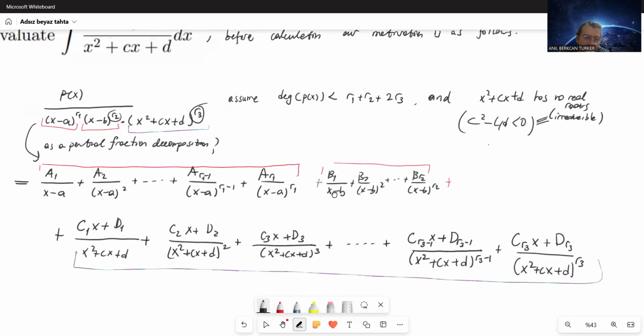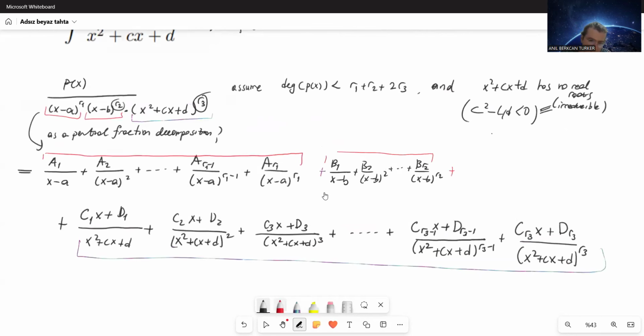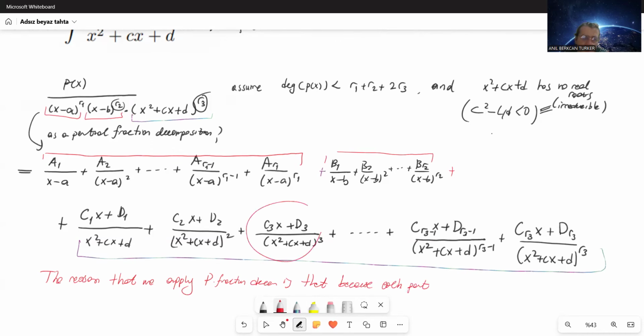The reason that we apply partial fraction decomposition is that each part, for example this part, is easy to integrate, to take the definite integral.